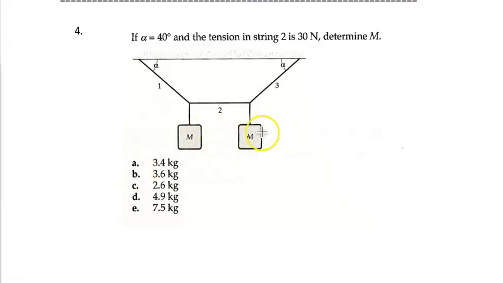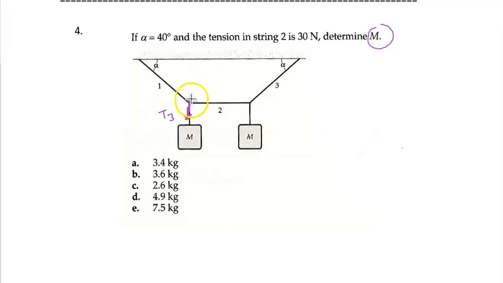Okay, I have put problems like this on the test before because I think it's important to understand what's going on. But hopefully you've watched enough of these that you know that I'm going to call this T3 is pulling up on the weight with some value we don't know because that's what we're trying to find, up on the weight and down on the knot.